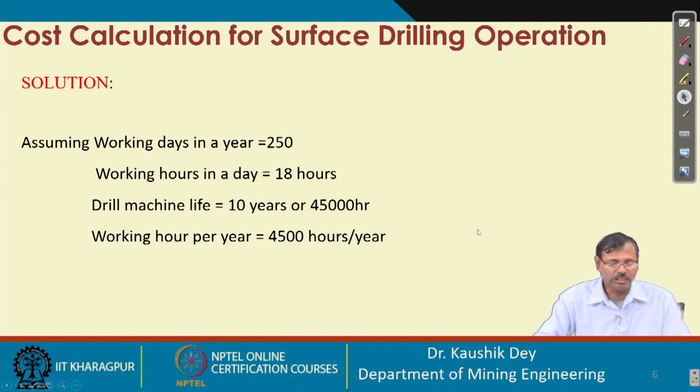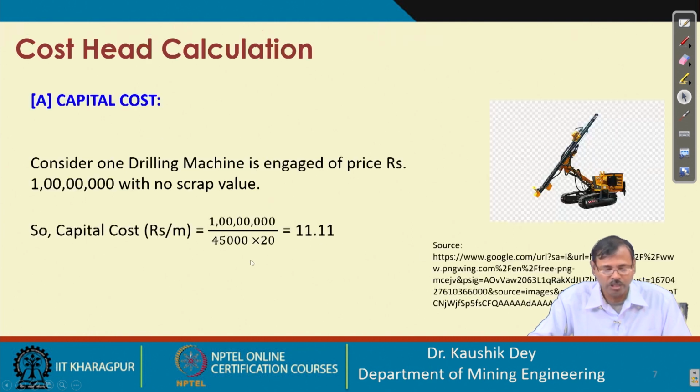So, now let us see our assumptions, we have already solved this one. Yearly 250 days working, 18 hours per day, that is 3 shifts with 6 hours each actually operating; a shift may be of 8 hours or so, but 6 hours is the utilization, the machine operating hours. Drill machine life is considered 10 years, that is 45,000 hours, considering 4,500 hours per year.